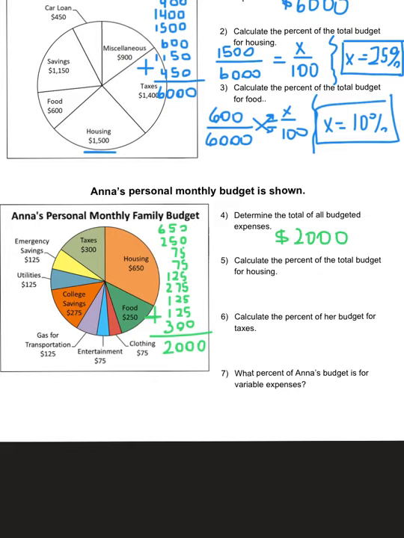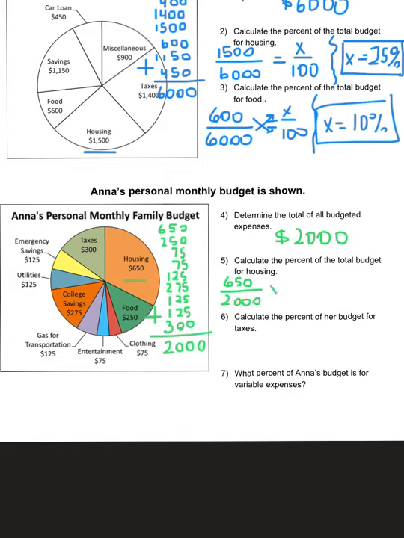Now we're going to calculate the percent of the total budget for her housing. So let's see, her housing, she pays $650 a month. Now on these percent problems, I'm going to work these out a different way. Maybe this way might be a little bit easier for some of you compared to the proportion. It's up to you. So what I'm going to do is it's still going to be the part out of the whole. So it will be 650 out of the 2,000.